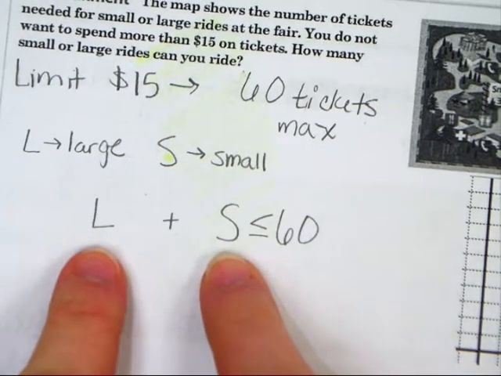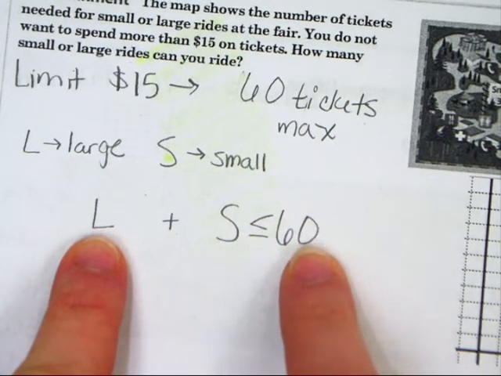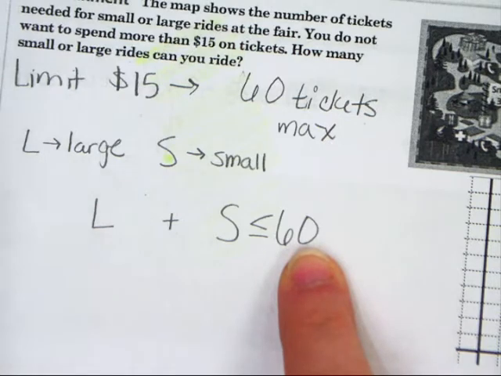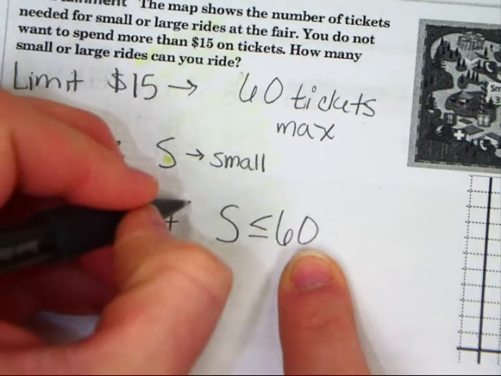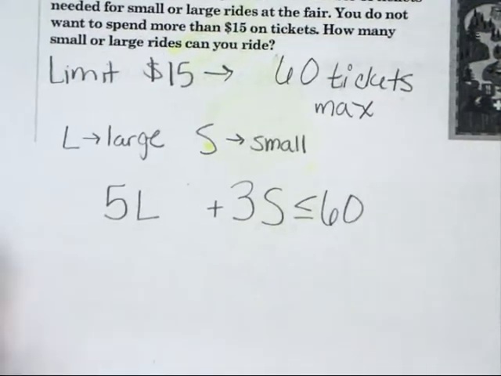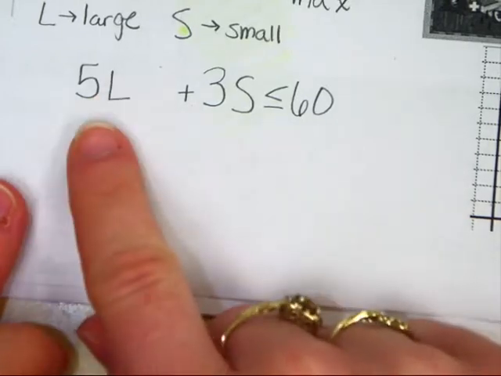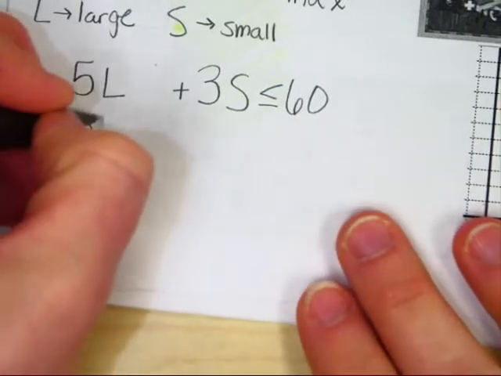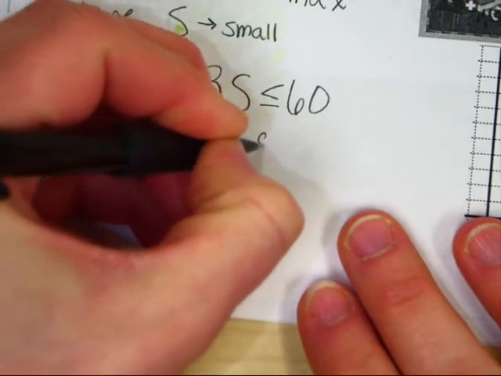L and S stand for how many large rides and how many small rides, but 60 is in terms of tickets. So we need to put 5L, which stands for 5 tickets for every large, plus 3S, which stands for 3 tickets for every small, is less than or equal to 60. The last thing we need to do is solve. I'm going to solve for L so we can graph.